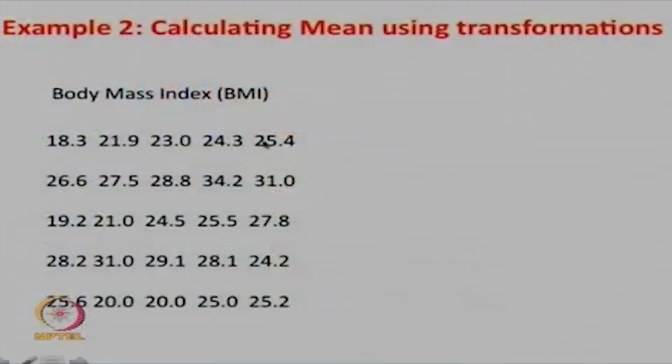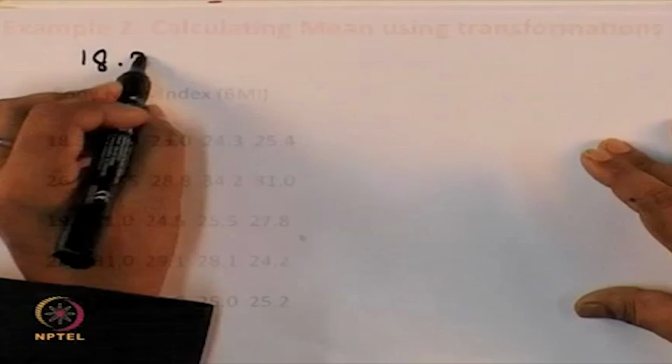Okay. So, again you see that you have this entire range of numbers; these are body mass indices. If I look through the screen, the smallest number I have is probably 18.3. So, the smallest number is 18.3.